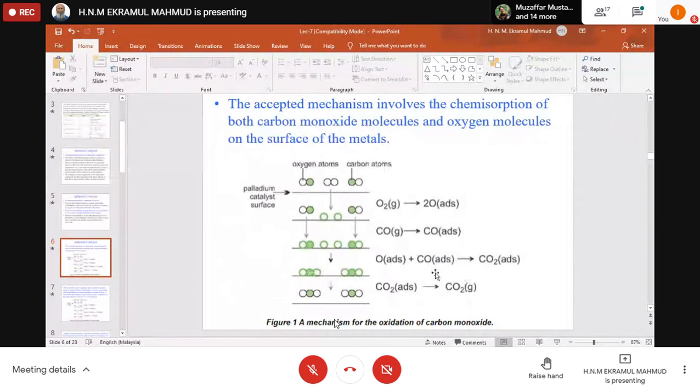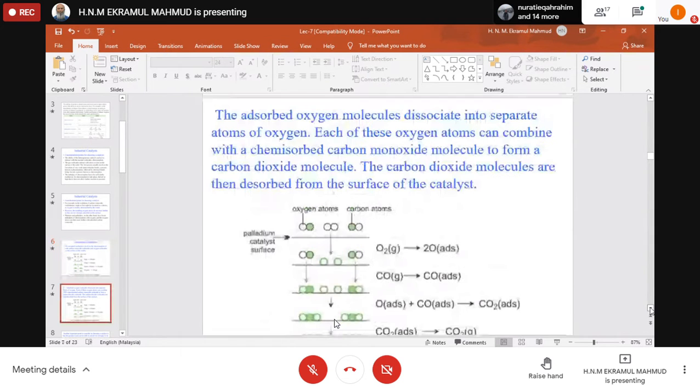Anyway, so carbon monoxide later adds with this oxygen forming carbon dioxide. When this CO2 forms, it leaves away, making the catalytic reaction occur.